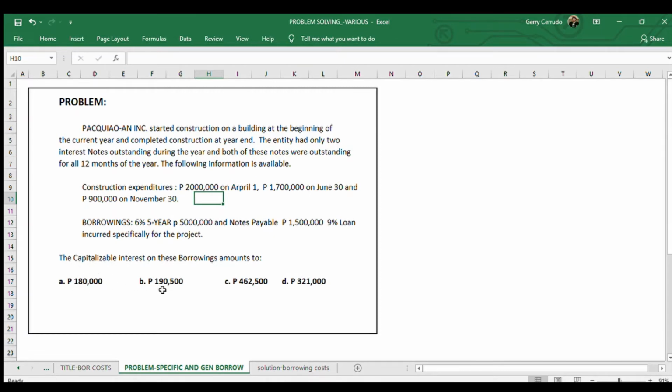So, meron tayong choices dito. So, we will try to solve this para malaman natin ano ang magiging total cost ng ating construction or building na kinonstruct ng company. Okay? So, we will try to solve this.